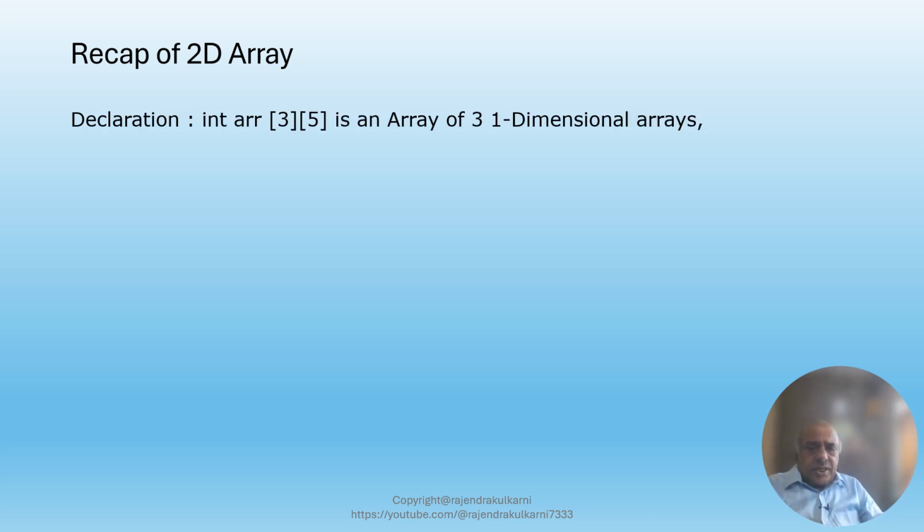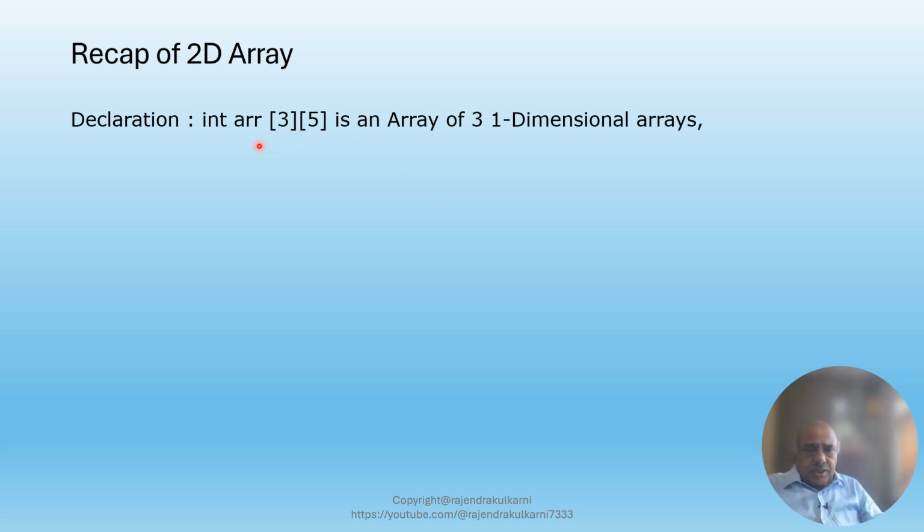How is it declared? It is declared as int arr and two subscripts. First subscript, which is 3 here, and second subscript, which is 5 here. A 2D array is an array of 3 one-dimensional arrays.